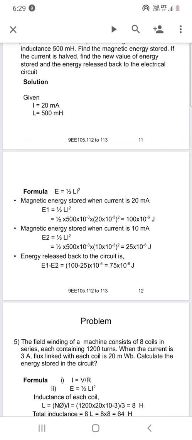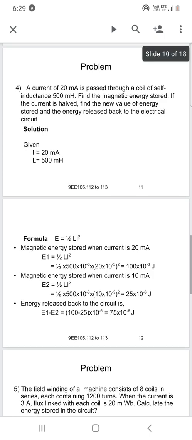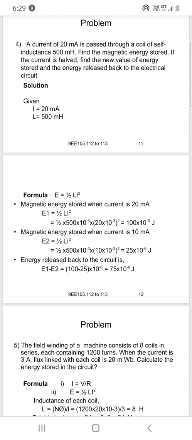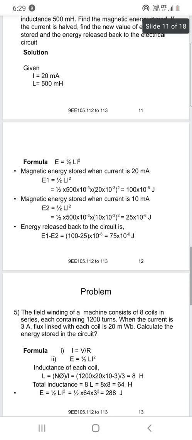Okay, now what is given? The current is given, that is 20 milliampere, and the inductance value is equal to 500 millihenry. What can we find out? The energy stored in the magnetic field, that is E is equal to half L I squared, where L is the inductance value and I is the current flowing.